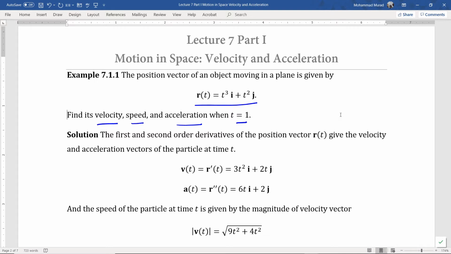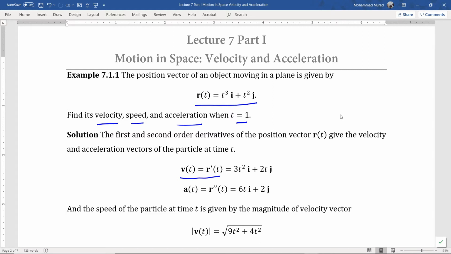The first and second order derivatives of the position vector r give the velocity and acceleration vectors of the particle at a time t, respectively. Therefore, the velocity vector is the first derivative of the position vector, whose components are 3t squared and 2t.